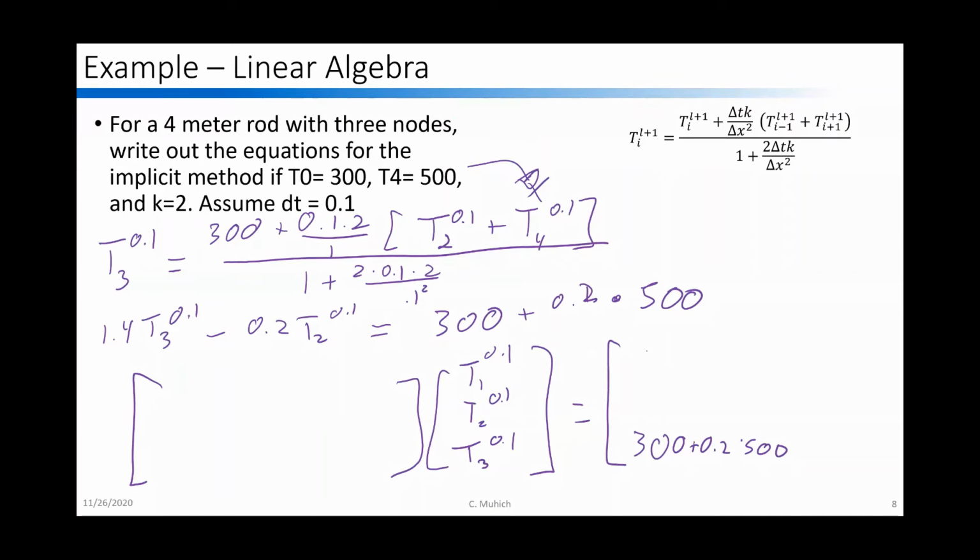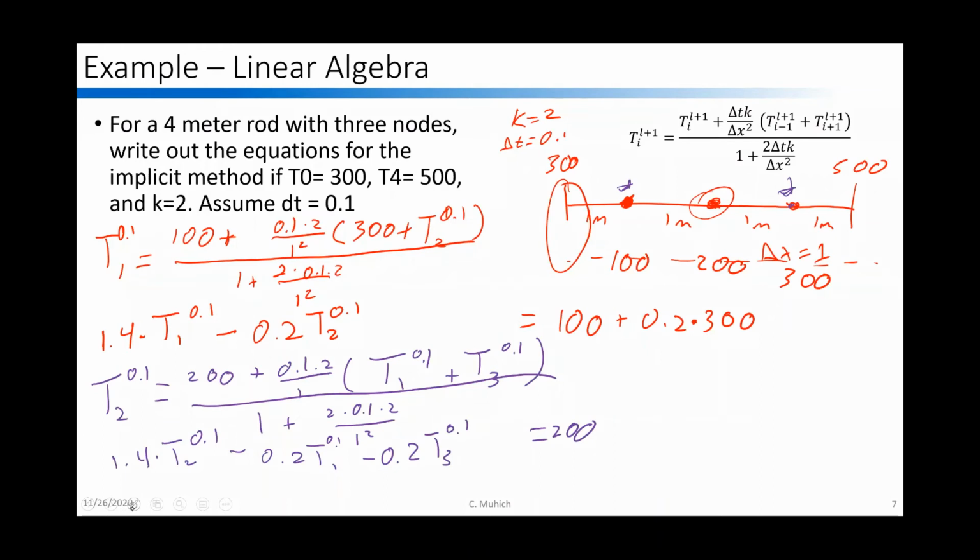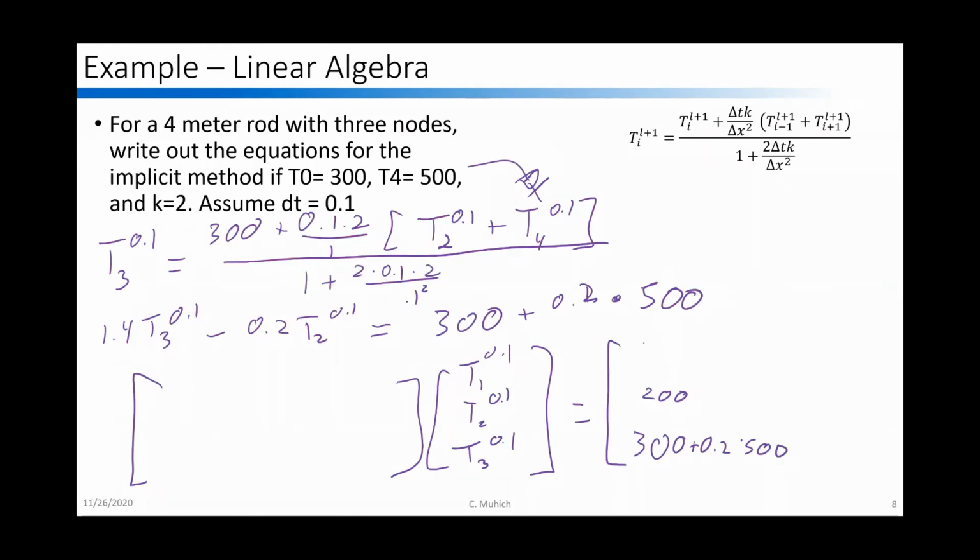If you remember back for T2, it was just 200, and then for T1, it was, let's go back and look, 100 plus 0.2 times 300.